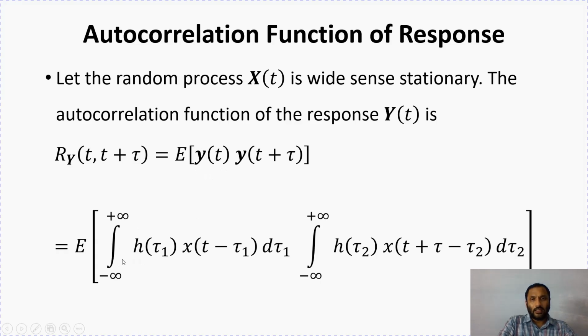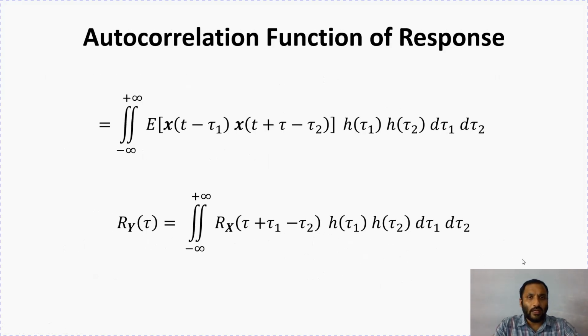When h of t is the impulse response of the system, it will be given by this expression: the integral from minus infinity to plus infinity of h of tau and x of t minus tau d tau. For the second y of t, it is customary to use a different dummy variable, and normally we use tau 2.